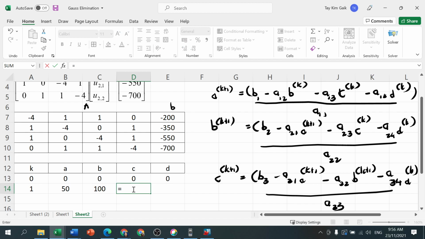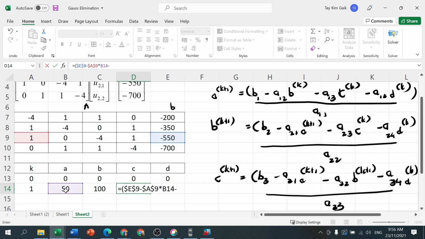The numerator has 3, 4 terms, that's why you need the bracket. So this is B3, make it constant by putting a dollar in front and back, and then minus the coefficient A31 times the new A, which is here.